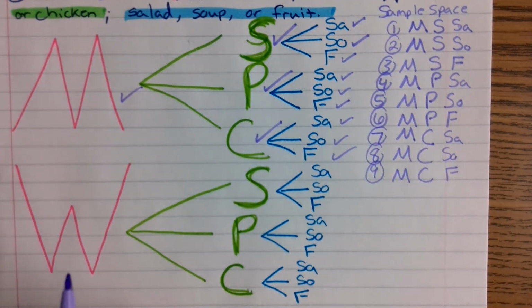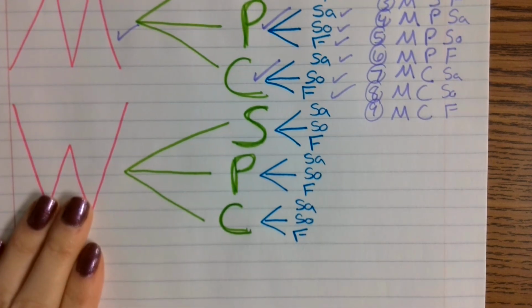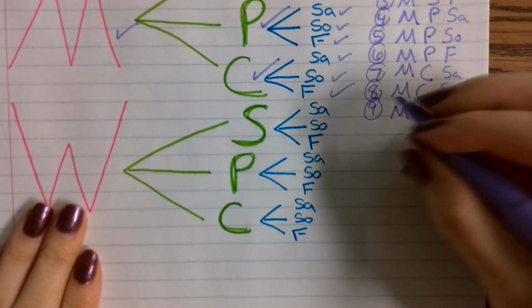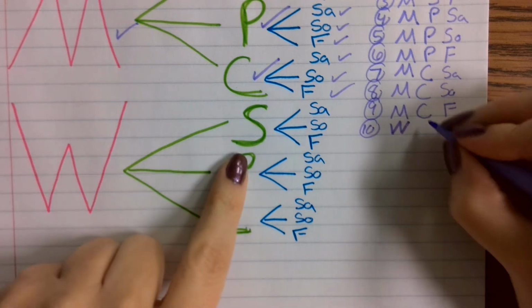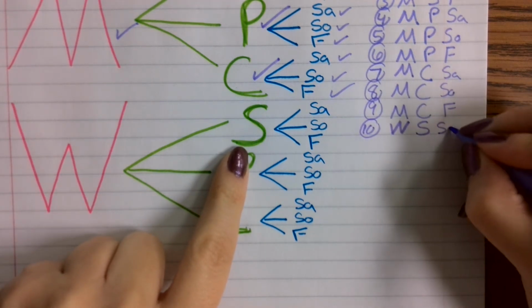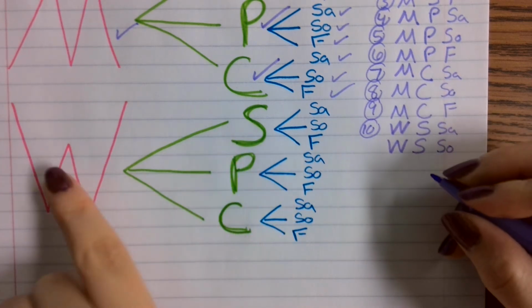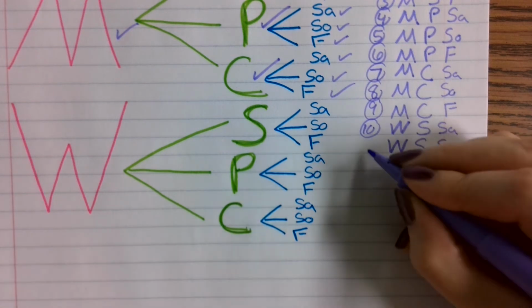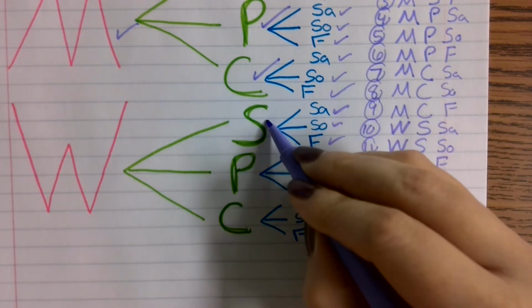Milk is done. Now I go down to the rest of my tree, the water portion. And it's just going to repeat exactly like this was, but instead of milk, it's all going to be water. So we've got water, sandwich, salad, water, sandwich, soup, water, sandwich, and fruit. So those three are done. So sandwich is done.